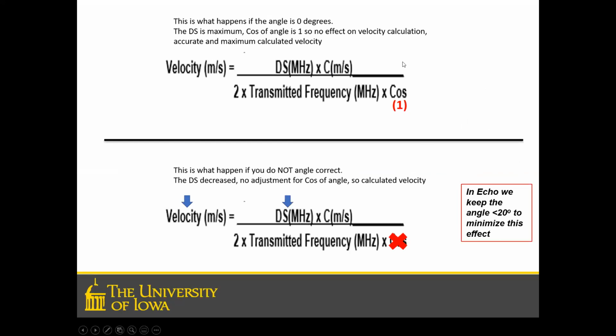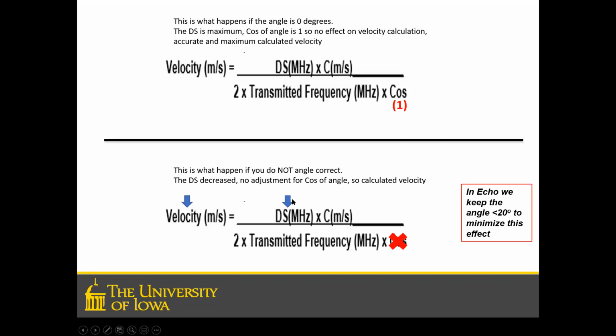We're just going to talk about this a little bit more because I think it's a super important concept. So this is what the instrument assumes happens all the time. You have a Doppler shift frequency that has occurred. You're at 0 degrees, and it calculates this velocity. So you're getting the accurate and maximum velocity. If you are not at 0 degrees, say you're at 30 degrees, this is the scenario that happens, okay?